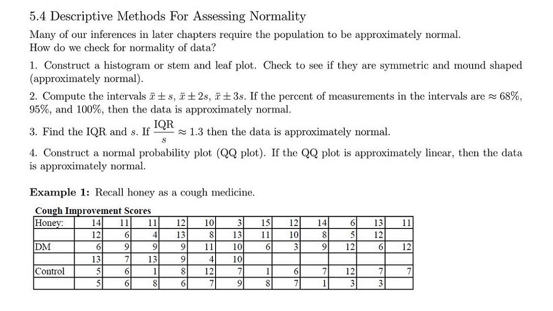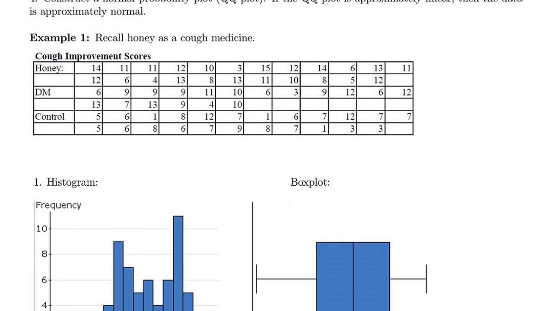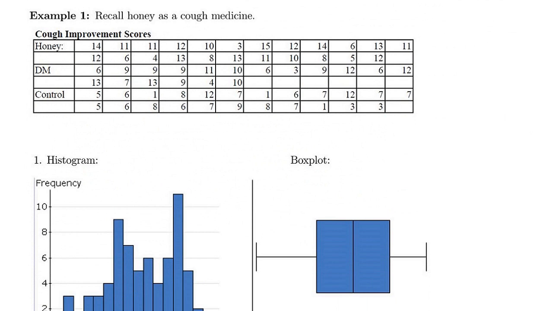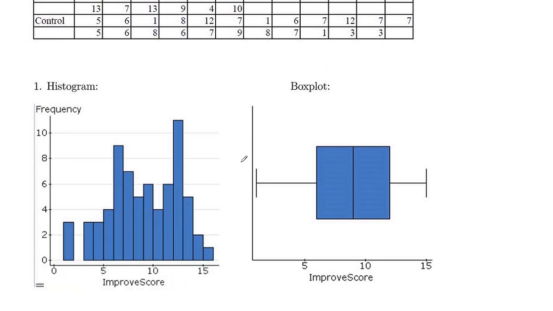So let's look back at some earlier data here with these cough improvement scores using honey as a cough method. So I want to assess the entire set of data for normality here. So I did a histogram and a box plot. And we can see that this histogram is not bell-shaped. I mean, it's kind of got two areas of concentration here, but it doesn't have any extreme outliers.